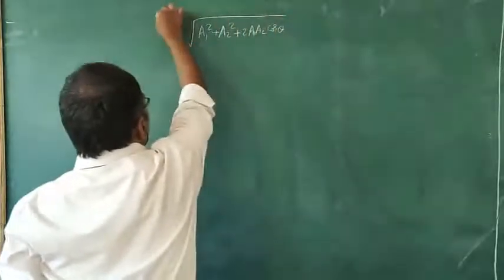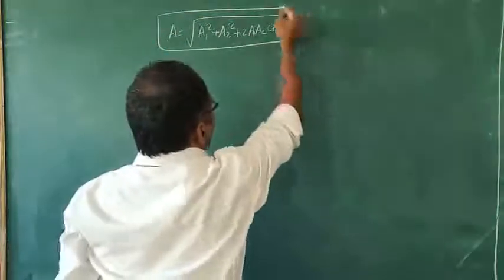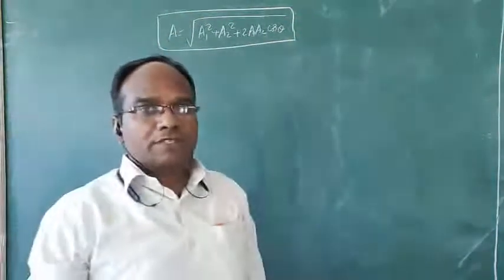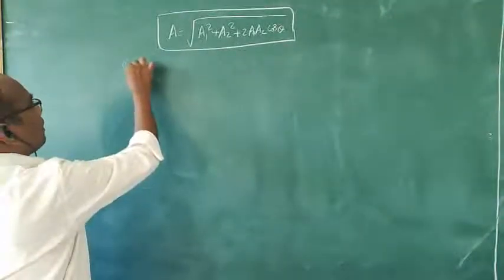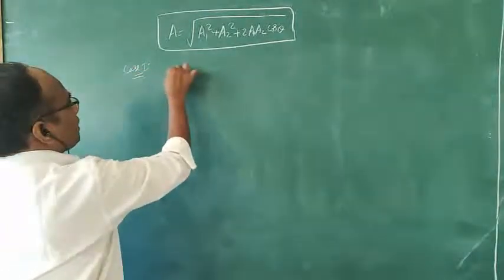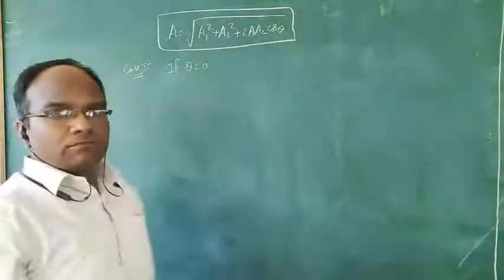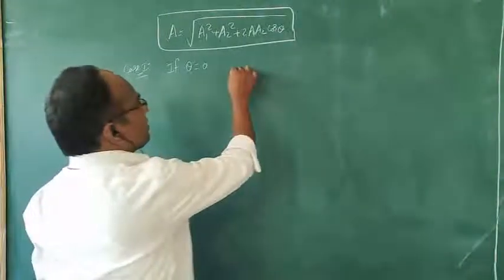This is the formula for the superposition principle. How you got it? Let us do the proof afterwards. Okay. Now, for case 1, if theta is equal to 0, so what is the value?